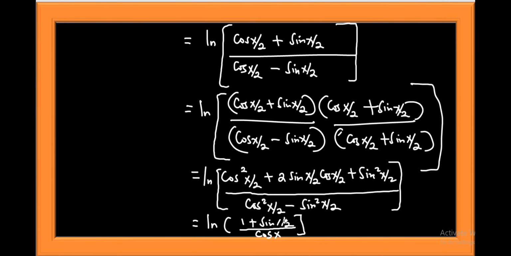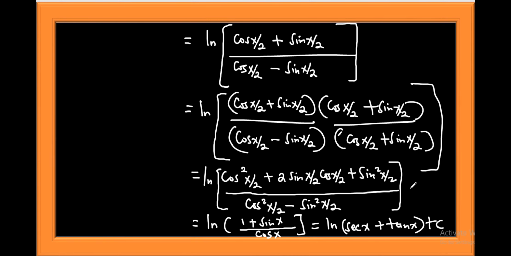It's supposed to be just sin x, not sin x out of 2. So clearly we can see that 1 over cos is sec, so we shall say ln of sec x. And then sin over cos is tan. So we get the answer that we wanted right from the start.